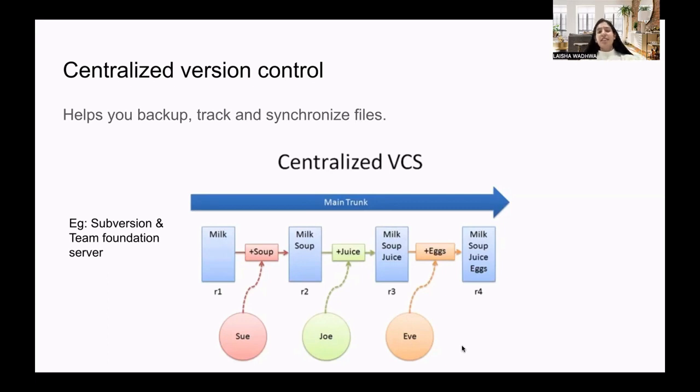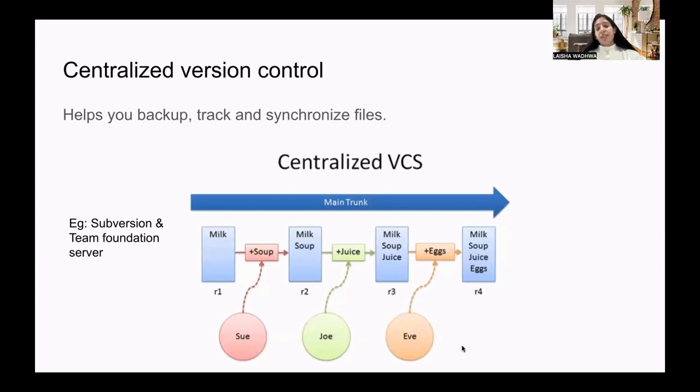So essentially, centralized version control systems are really good for backup, if you want to track basic changes, synchronize files. They're also really good if you're talking about smaller teams, lean teams working on smaller projects. But when it comes to bigger projects, a lot of people, a lot of scale, and speed at which people operate, centralized version control systems are not a good option.